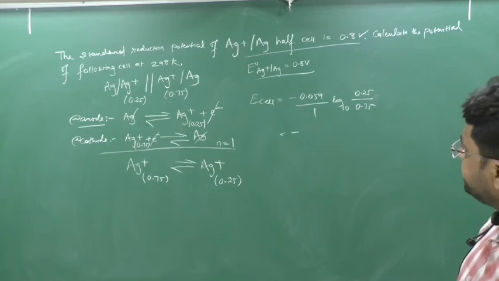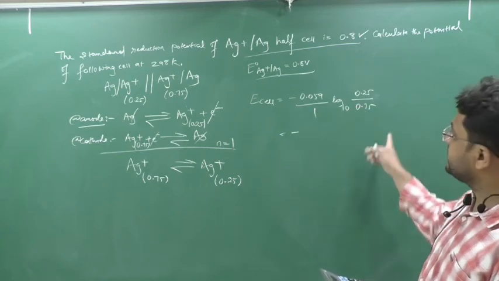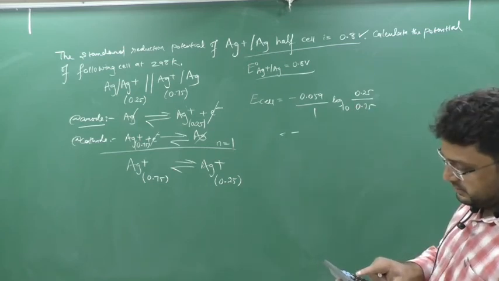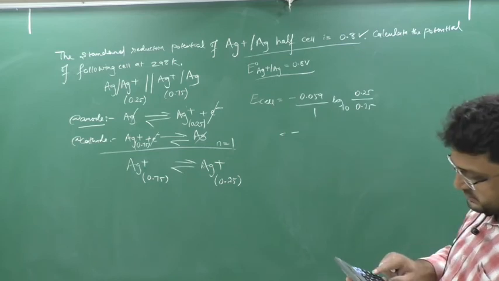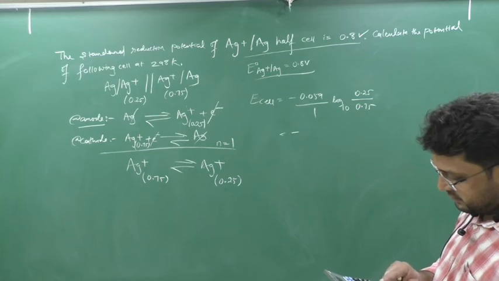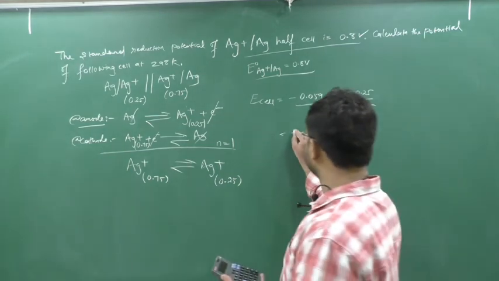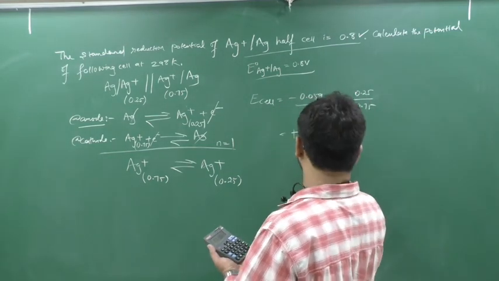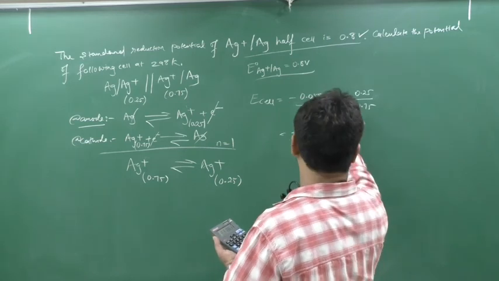Minus 0.477, and multiply by minus 0.059. So the answer turns out to be positive 0.0362.